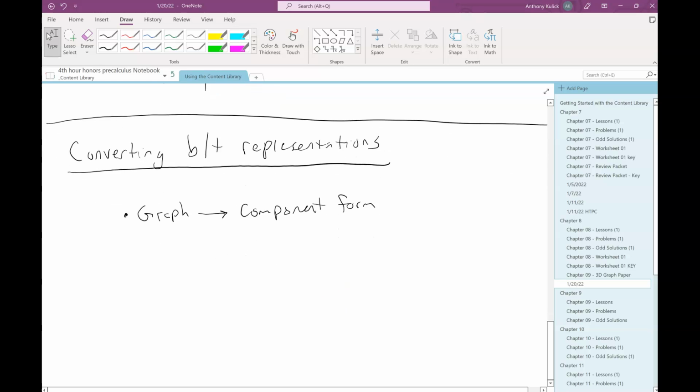So the first thing we'll talk about is going from a graph to the component form.